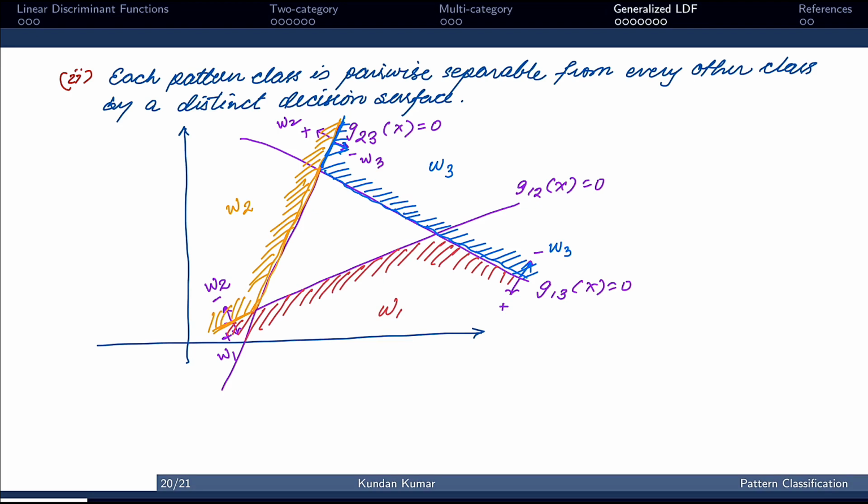Similarly, we can define the common region for omega 1, satisfied in this region. So in this case, we are basically defining C(C-1)/2 decision surfaces.